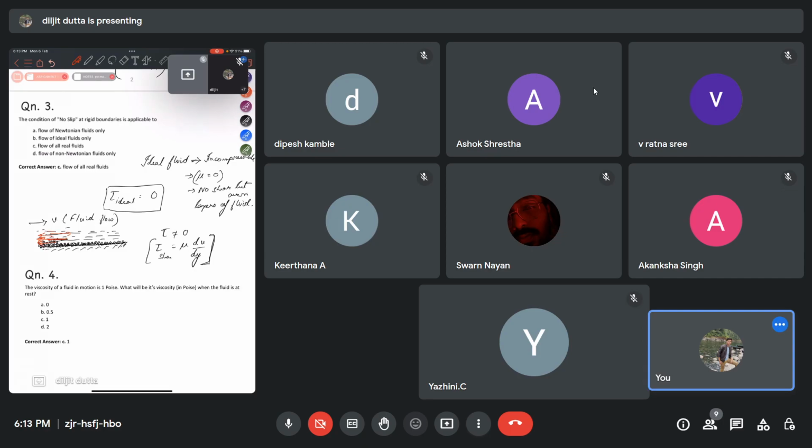This resisting force will be very high near the boundary, and it will slightly diminish as you go away from the boundary. You can see it is highest here, and it diminishes as we move away from the boundary. This phenomenon gives rise to the boundary layer. That will come later in the course, and we will teach you then.